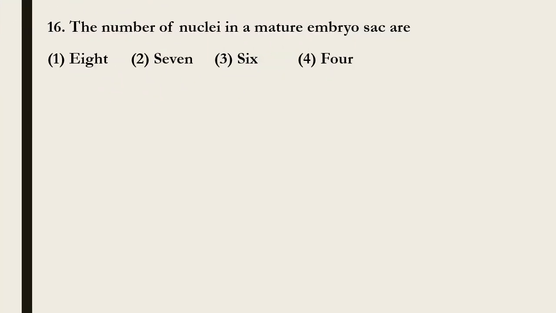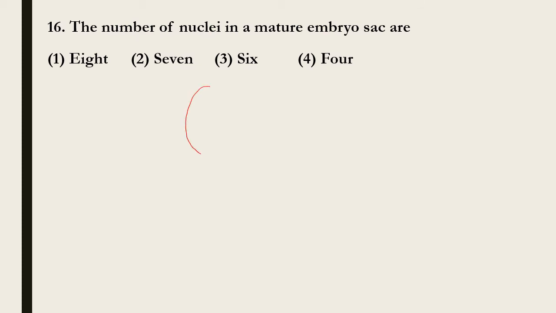Question number 16. The number of nuclei in a mature embryo sac is: option 1, 8; 2, 7; 3, 6; 4, 4. Now let's draw the embryo sac structure.